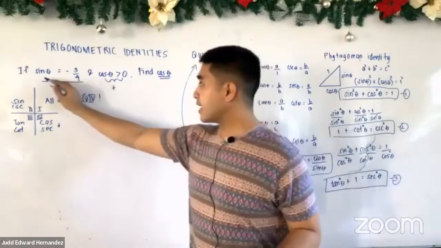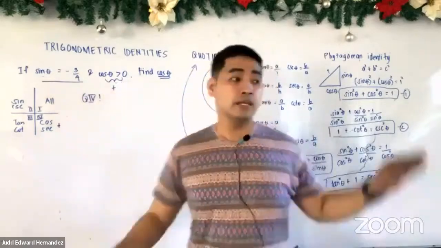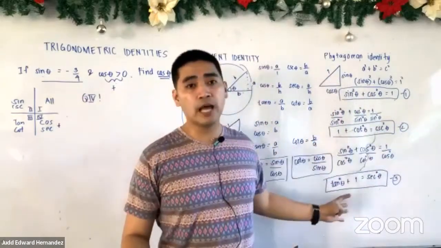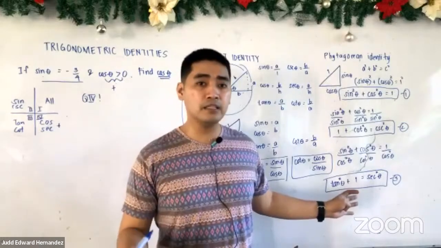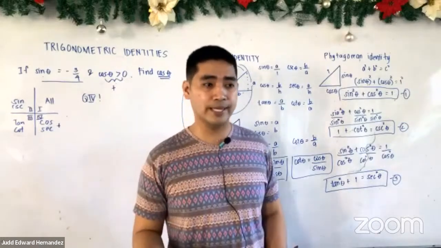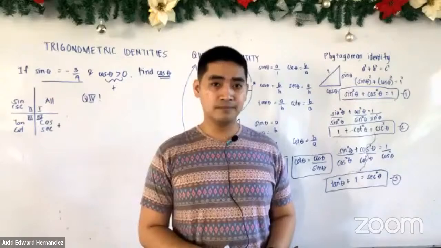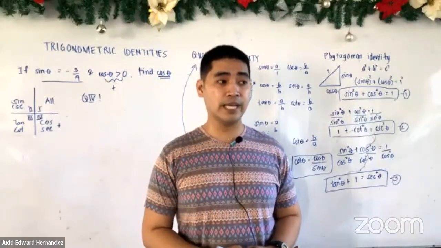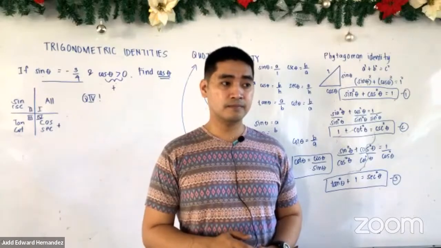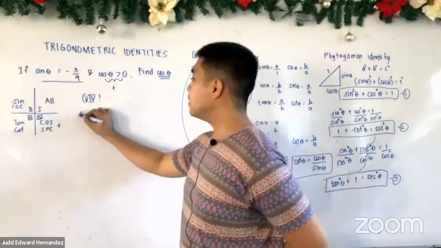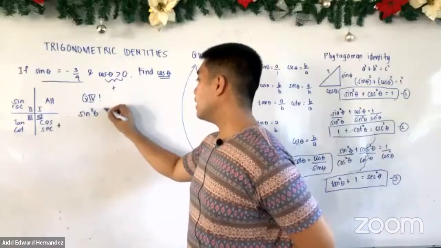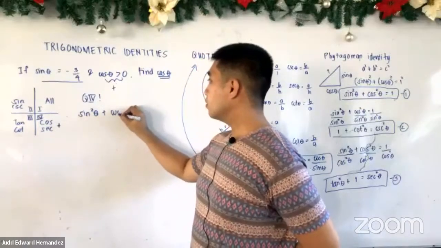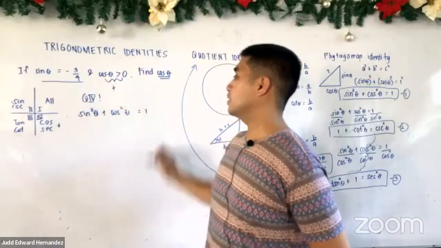So binigyan ka ng sine, pinapahanap sa'yo si cosine. Saang identity magkasama si sine at si cosine? Sa una po. Therefore, this becomes sine squared theta plus cosine squared theta is equal to 1.